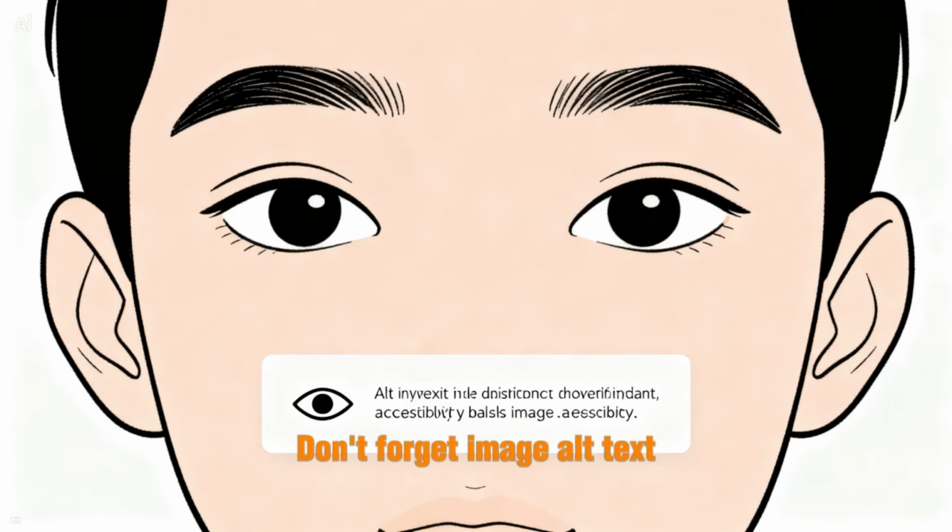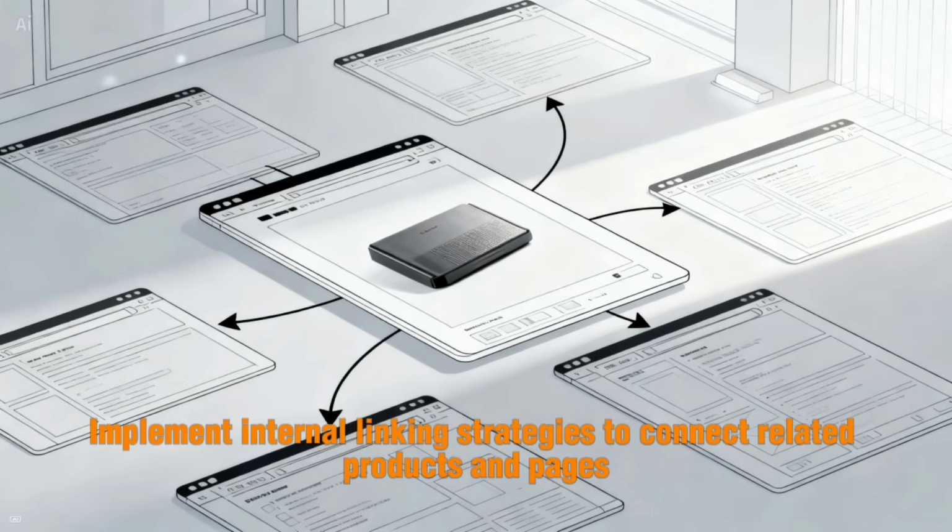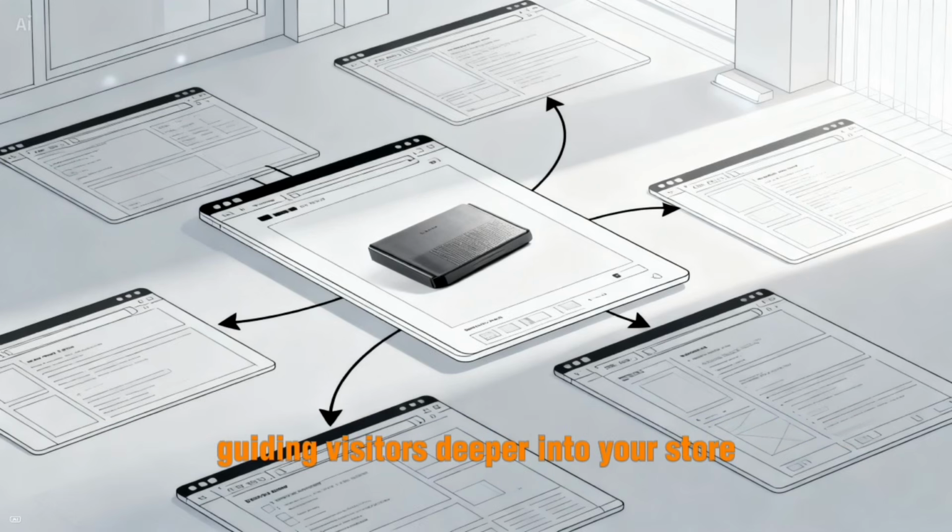Don't forget image alt text. Describe your images accurately with keywords to improve accessibility and SEO. Implement internal linking strategies to connect related products and pages, guiding visitors deeper into your store.